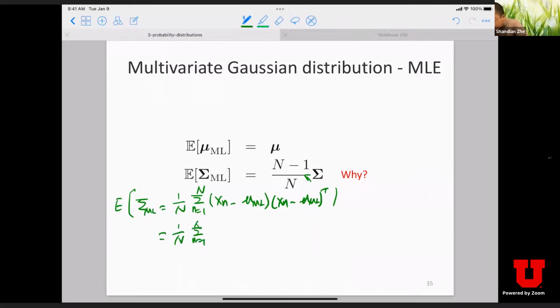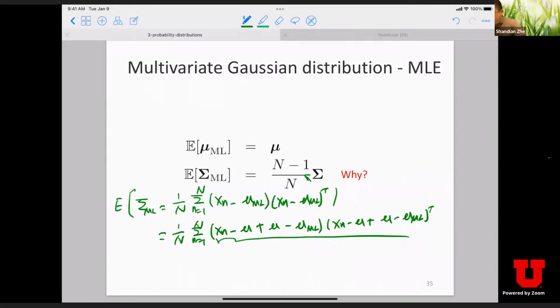inside each parenthesis, you subtract the true mean mu and add the true mean mu minus mu_ML. Then try to expand this. You will get x_n minus mu times x_n minus mu transpose, plus mu_ML minus mu times mu_ML minus mu transpose, plus a cross term.